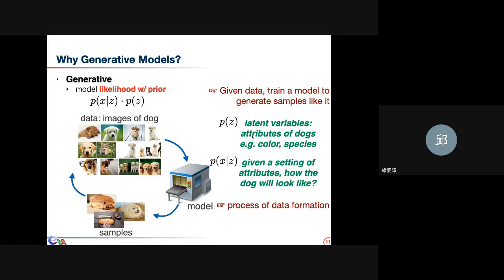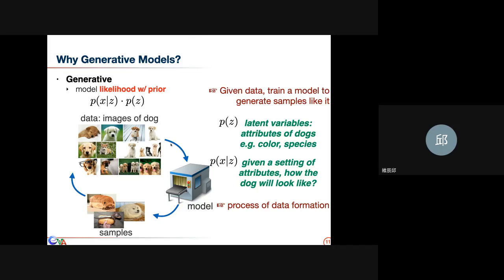If I give you this kind of description of the attributes of the dog, then you are able to somehow imagine how the dog will look like. That is related to the likelihood, because given a setting of the attributes, you are able to imagine the image of such a dog, right?